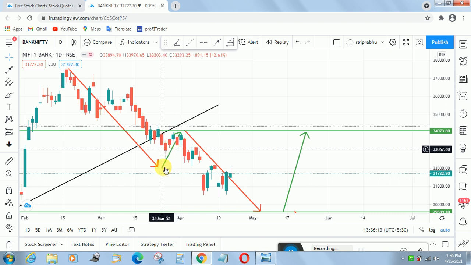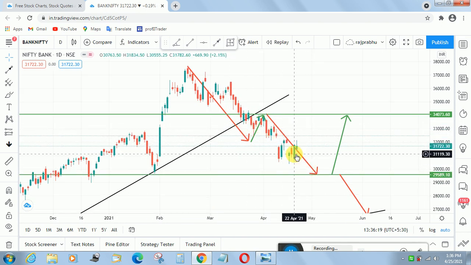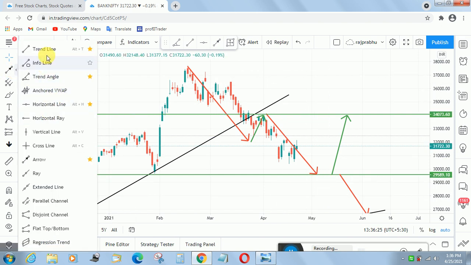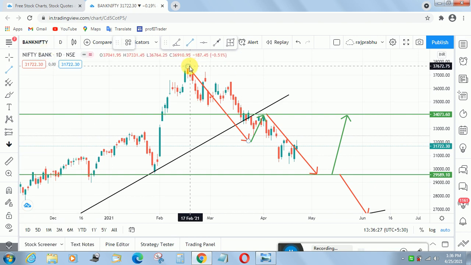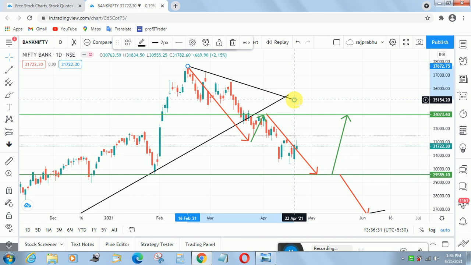Okay, on 24th March the breakout happened, and then the downtrend followed from here. I'm going to show you how the downtrend looks. It just started from this level.